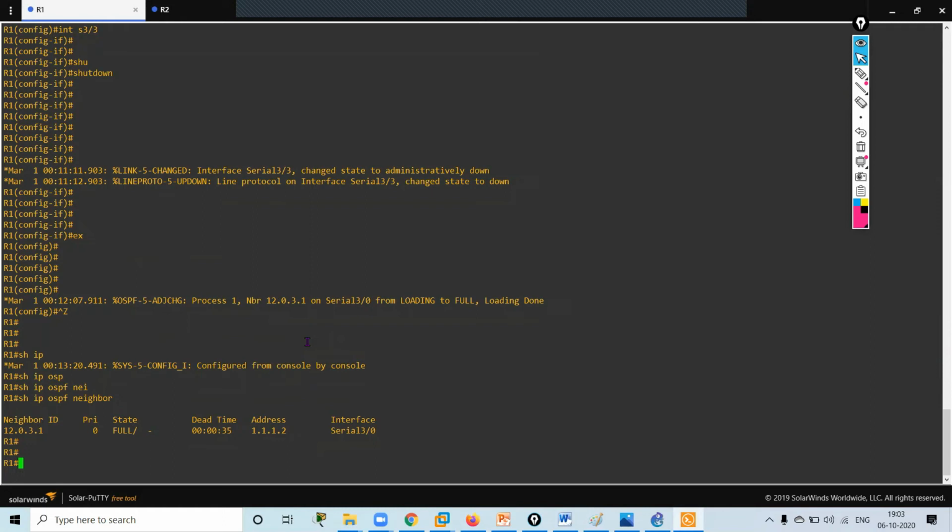In a point-to-point network there is no such DR and BDR election. Sometimes you can have DR and BDR while the routes are not yet exchanged, because no router knows the router ID of the other router.